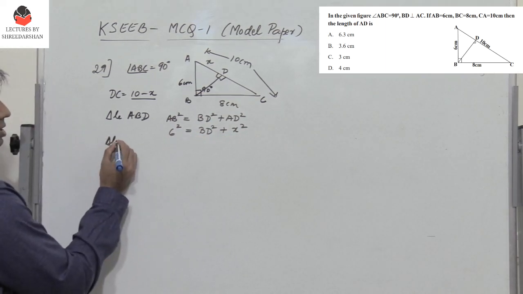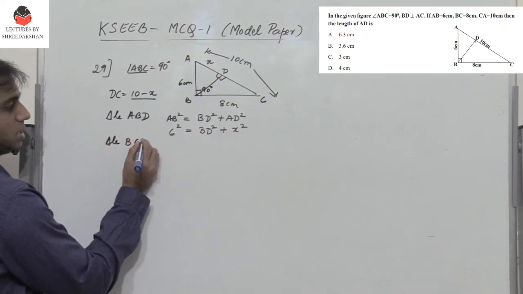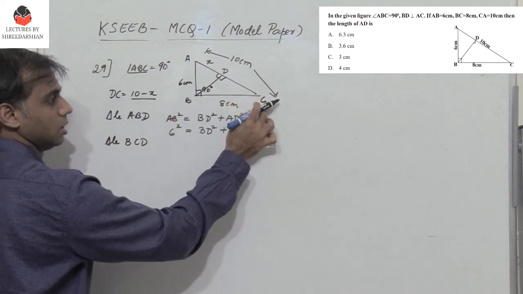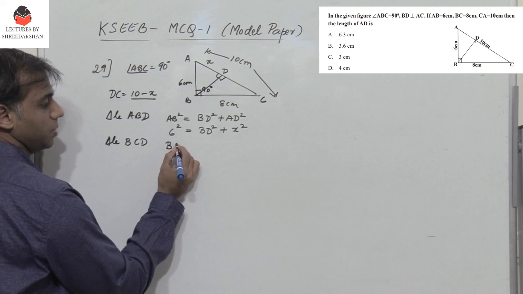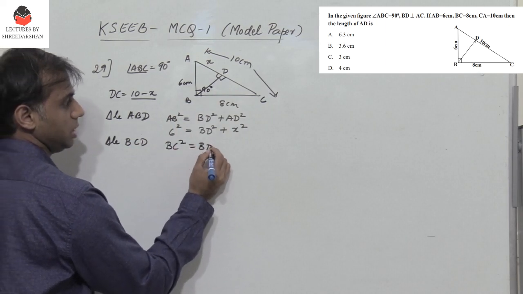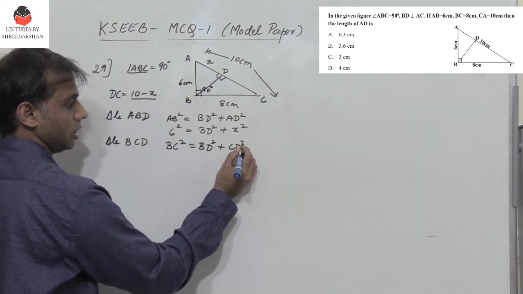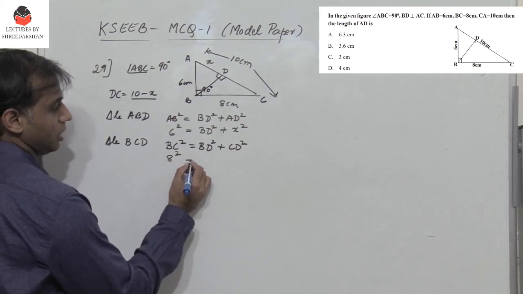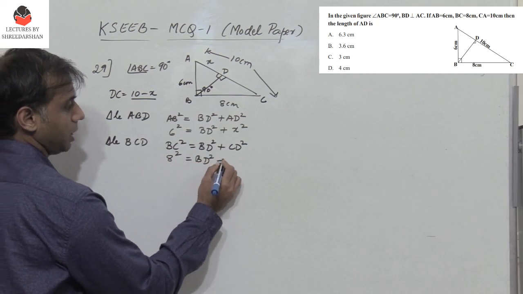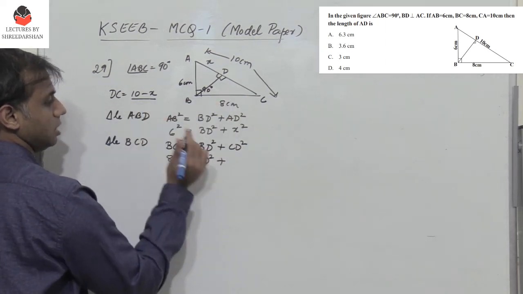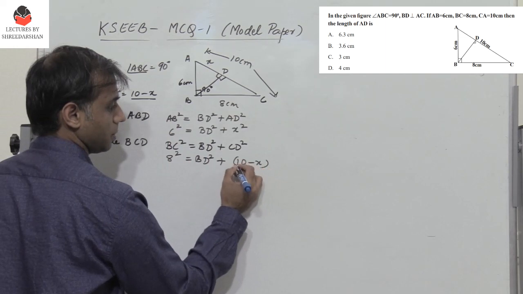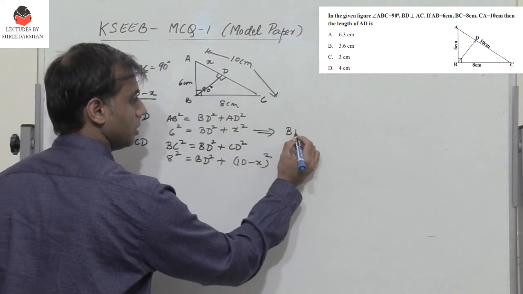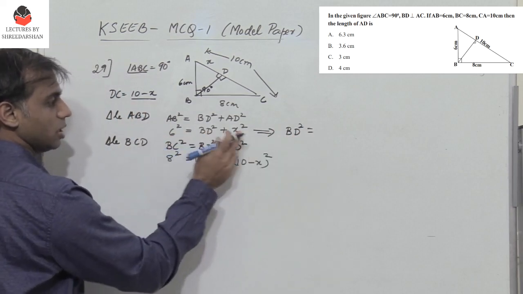Now next let me consider triangle BCD. If I consider triangle BCD, I have 90 degrees here. The hypotenuse is BC. So I have BC square equals BD square plus CD square. Now what is BC square? 8 square is equal to BD square plus, what is CD? CD is 10 minus X the whole square. Now from this expression, what is BD square? BD square is equal to 6 square minus X square.